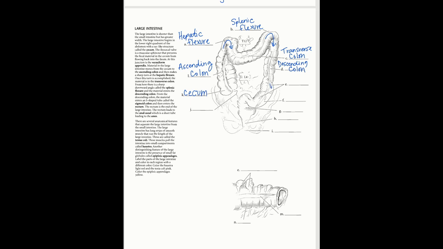We have these appendages here. So you can see these are our epiploic appendages. And then right at the end here, this portion of our colon is the sigmoid colon.